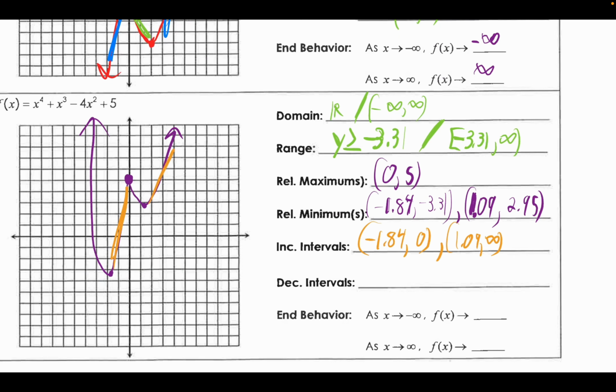And then the decreasing intervals in blue would be from negative infinity to negative 1.84, as well as negative 1.84 to 1.09. And the end behavior, both are going to positive infinity as it goes to the left and to the right forever. So infinity and infinity. Let me clarify, these are both positive infinity there.